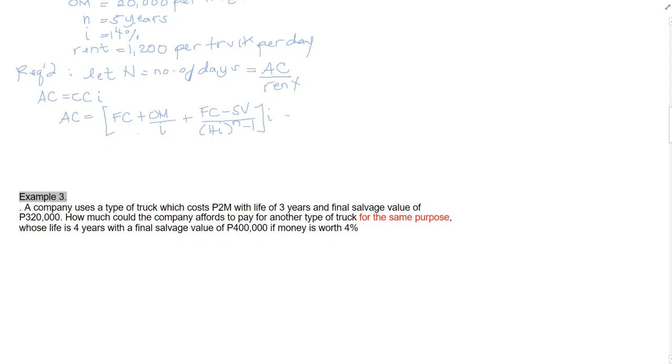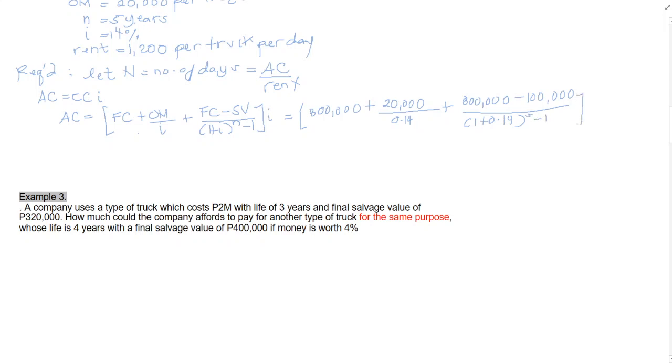So if we are going to substitute the values there, for your FC, that is the first cost, which is 800,000, plus OM, which is 20,000, divided by your I, which is 14%, plus your first cost, which is 800,000, minus the salvage value, which is 100,000, divided by 1 plus 0.14 raised to 5, which is the useful life, minus 1.